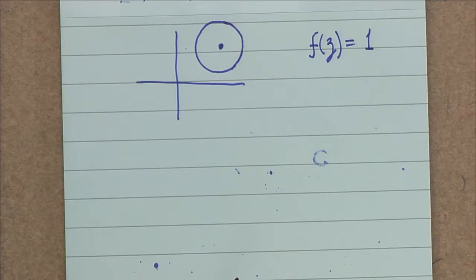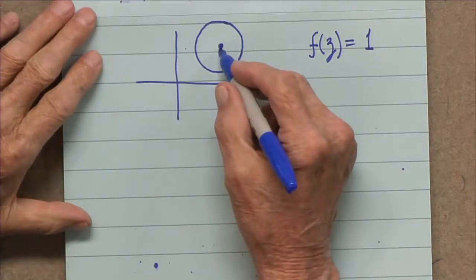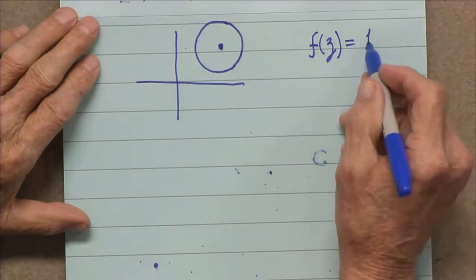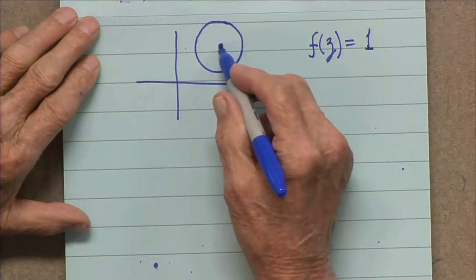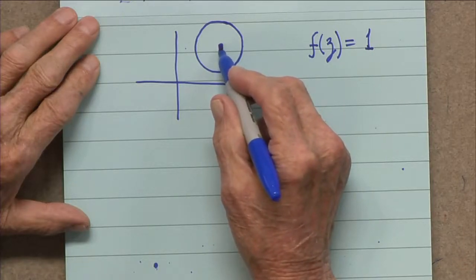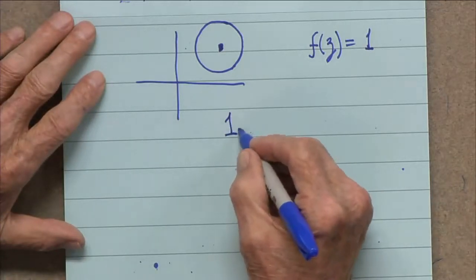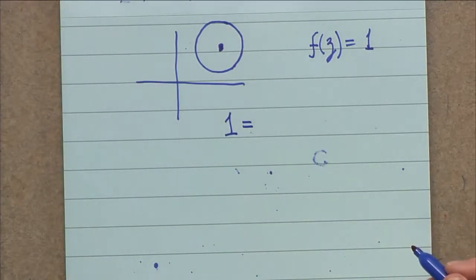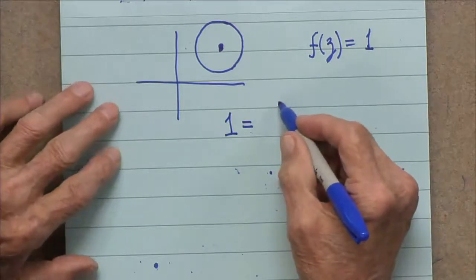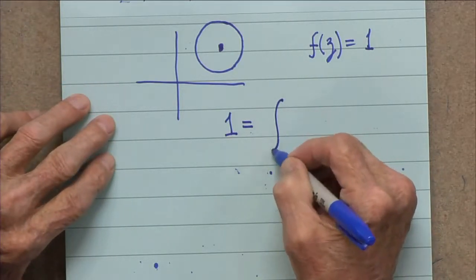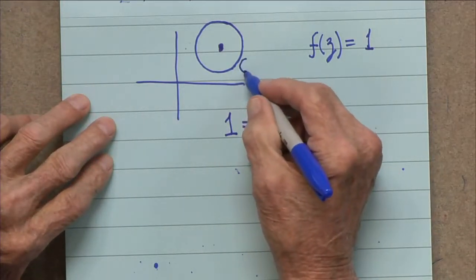So what does that mean? It means the following, that f of z is 1, f of z0 is 1. So that says 1 equals the integral around this circle, contour C.